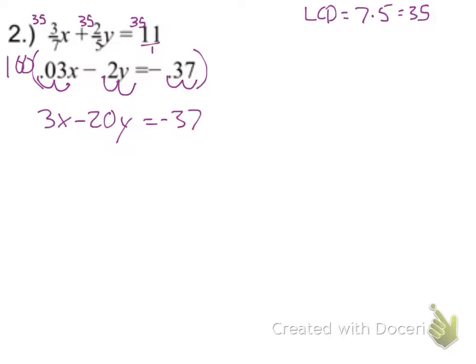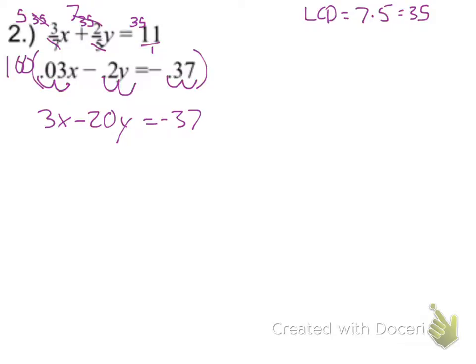The nice thing is that every one has a 35 next to it that allows me to cancel something on the bottom. Like the 7 and the 35 make a 5. The 35 and 5 make a 7. And the 35 times 1 doesn't cancel anything.